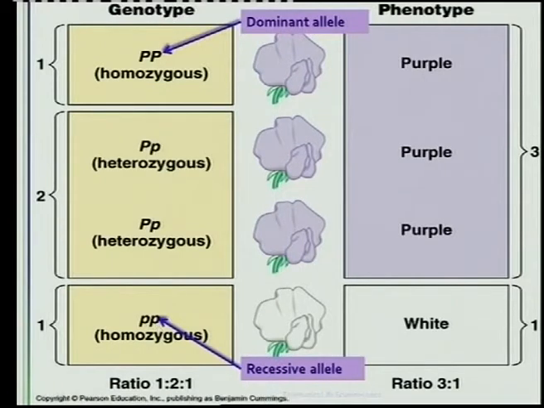When there's a difference in the two, where the one is a capital and the one is a small letter, it is heterozygous. In other words, two dominant alleles or two recessive alleles mean that the individual is homozygous for that characteristic, and a dominant allele paired with a recessive allele is heterozygous.